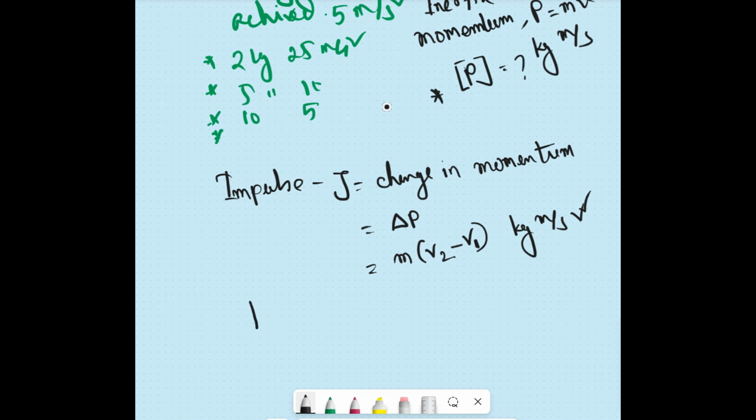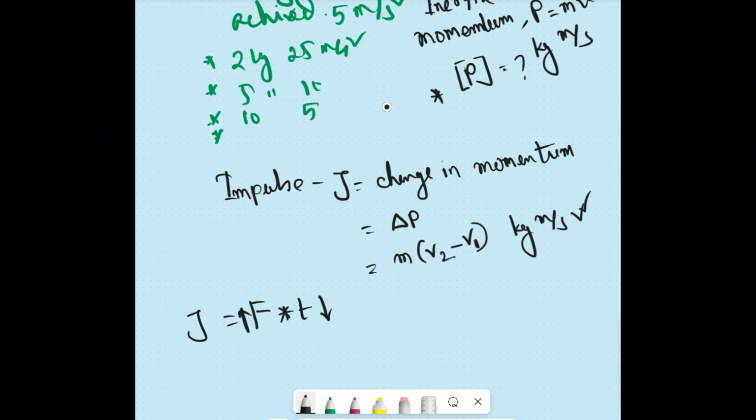So impulse force is equal to F times T. Here F will be more and T will be very less. So a large amount of force can be applied within a very short period of time. This is called impulse force.